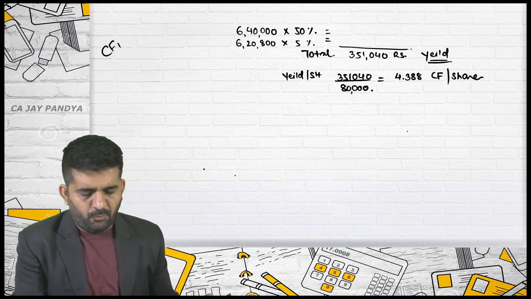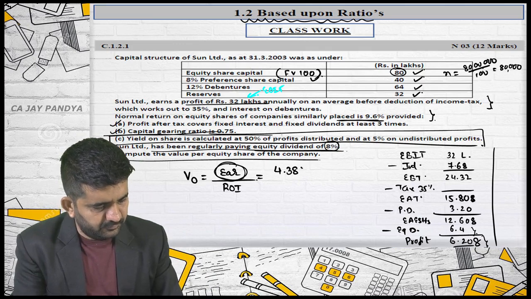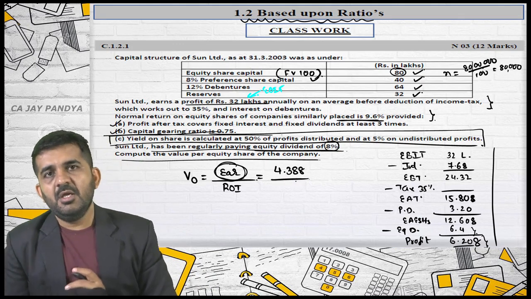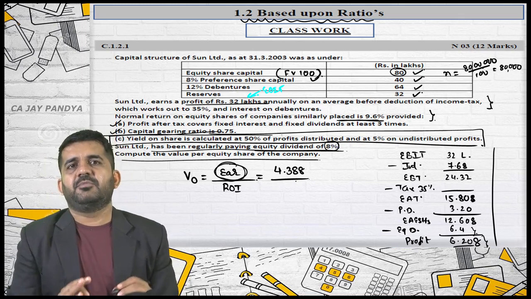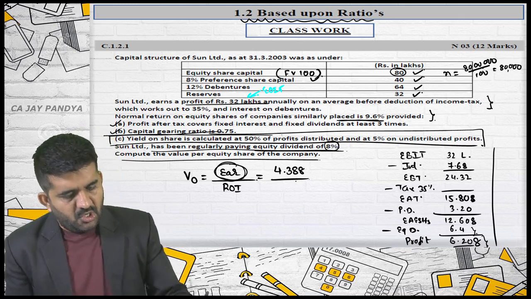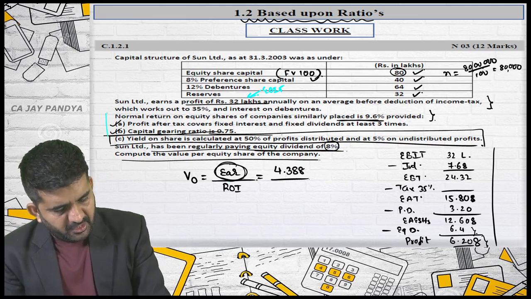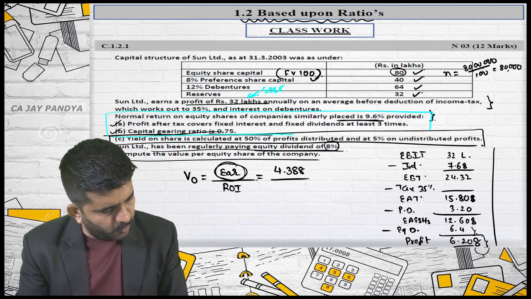Is it right? 4.388. I can write it in numerator. Let me go to denominator. Believe me, this answer will be different from suggested, but still it is absolutely correct answer. For finding out required rate of return, I will be using this information which is provided.